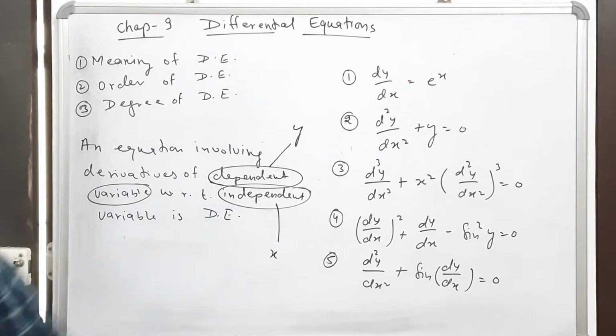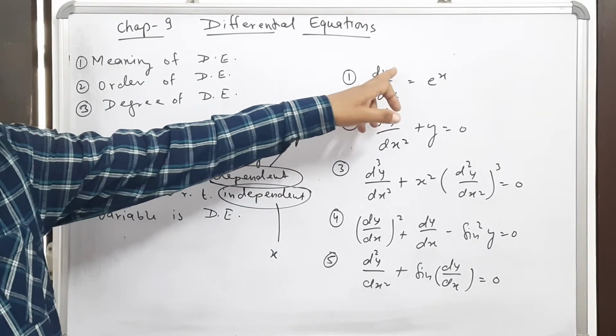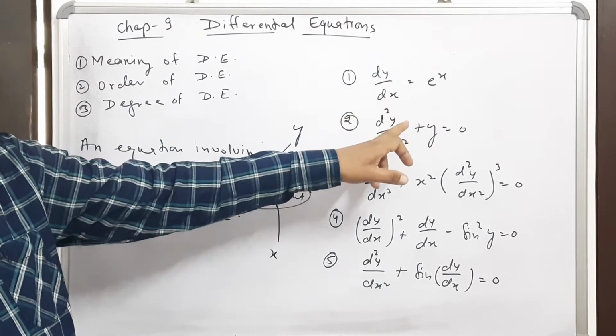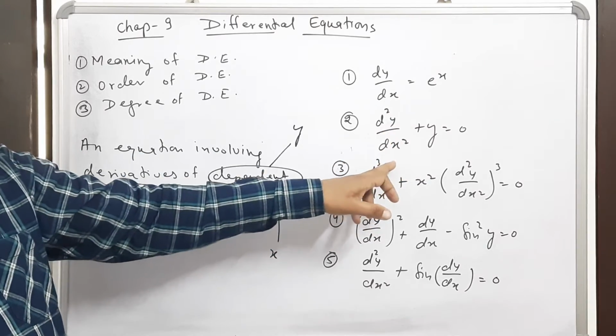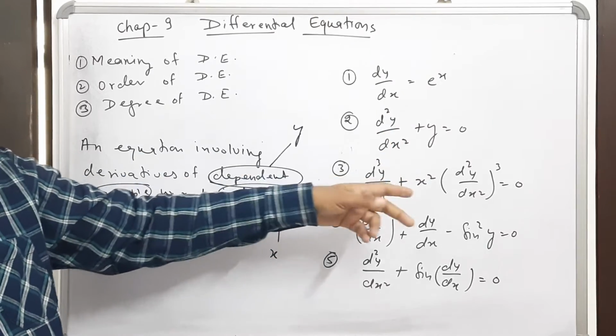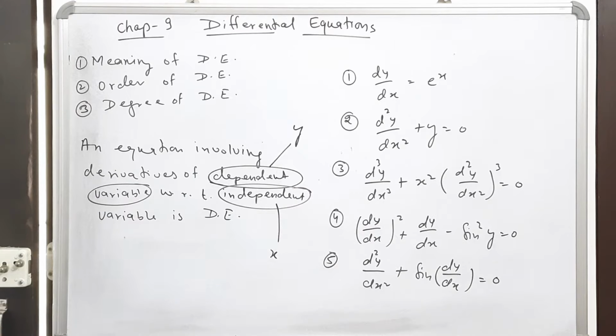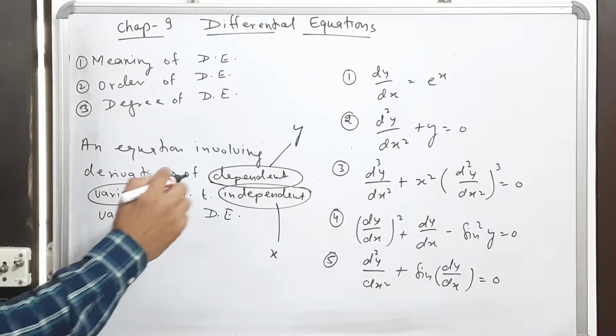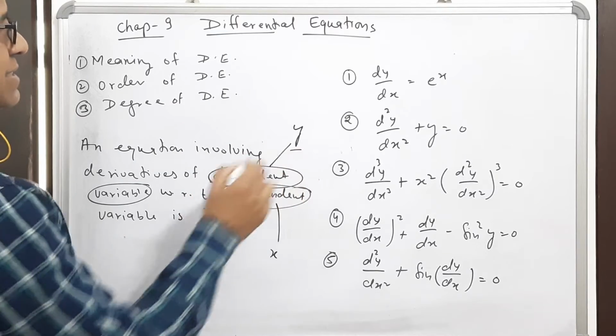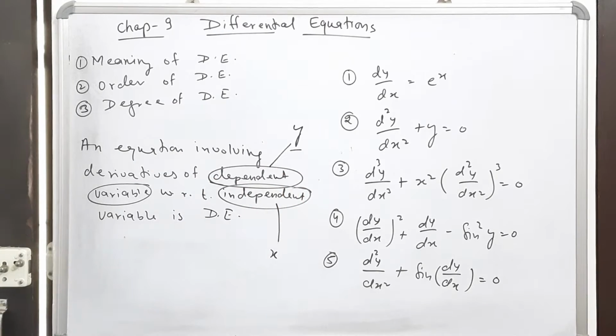Now you can see I have written many differential equations here. This is the derivative of y with respect to x. This is the double derivative. This is the third order derivative, 3 times. So these are different examples of differential equations. The important part is that one variable is dependent and the other is independent.